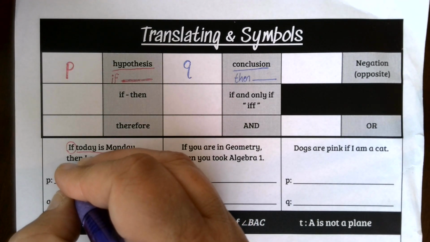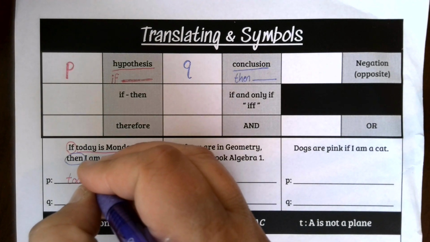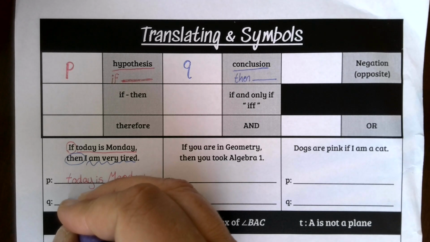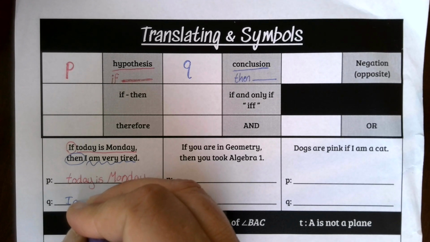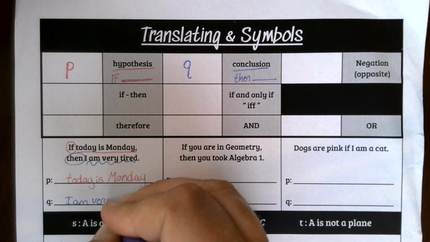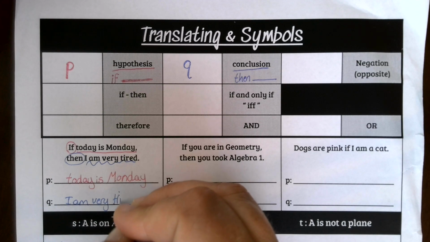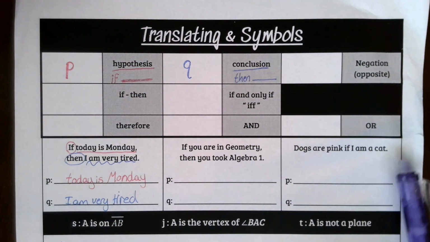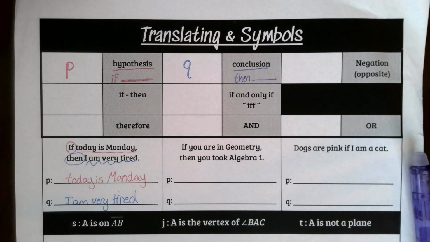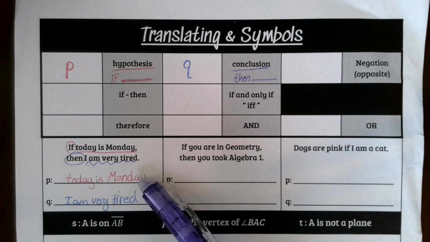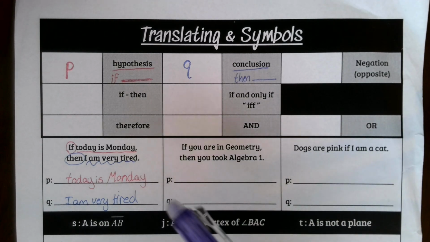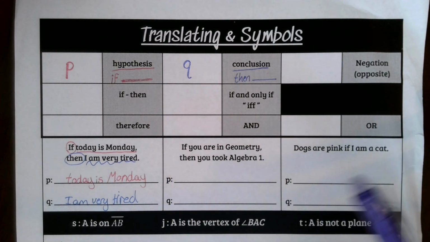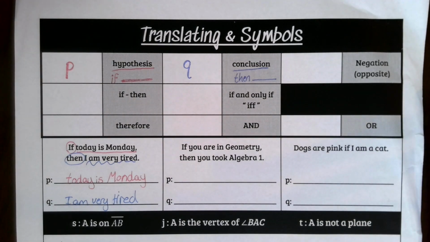Okay, here's my then. I am very tired is going to be my conclusion. So what they've done is they've set up a situation where there's a condition and a result, right? Condition and a result, okay?